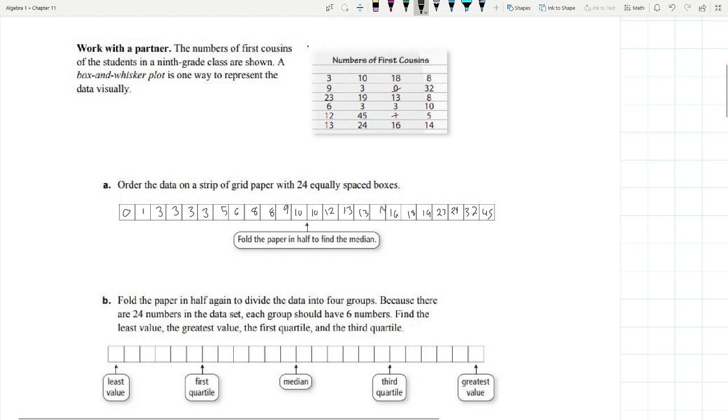I'm not going to write those. Well, I guess I should. 0, 1, 3, 3, 3.